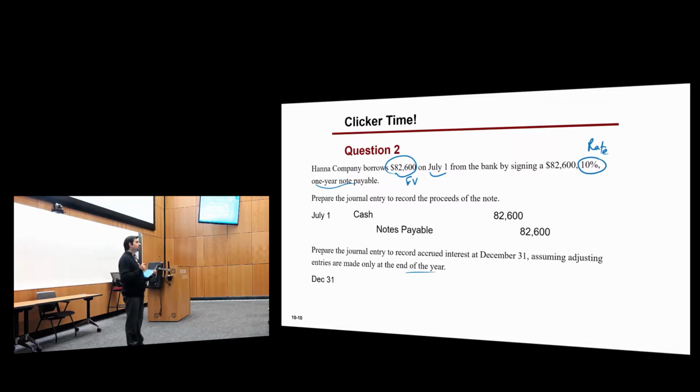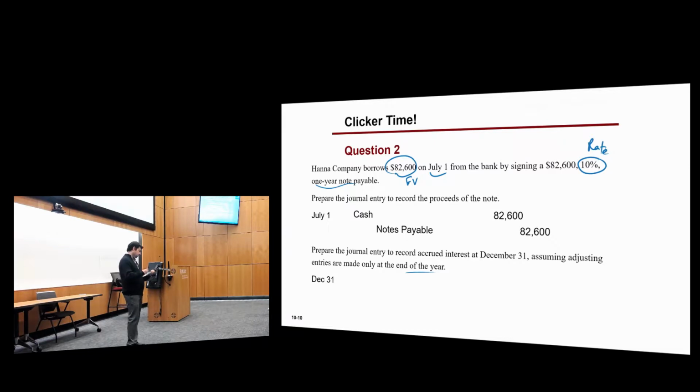The company will have to pay face value plus all the interest that has accumulated for 1 year. But at the end of the year, the company will have to recognize interest that has accumulated from the day the company signed the note until the day the company is preparing the financial statements. So it's from July through December. How many months? 6 months.